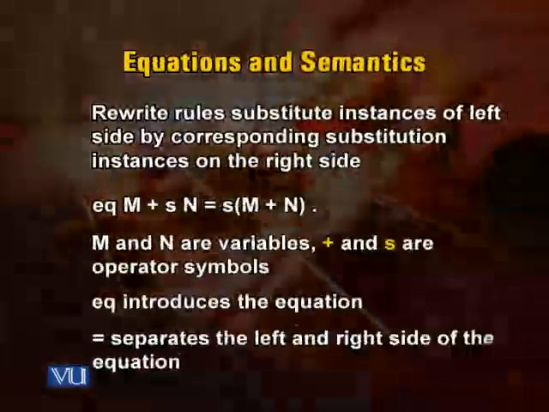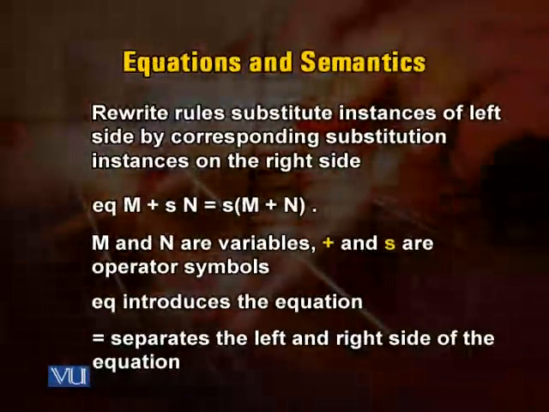In OBJ, when we write an equation, note that this is an arithmetic equation. This is not an assignment statement in a programming language. This is an arithmetic or logical equation in which the left hand side is supposed to be equal to the right hand side.